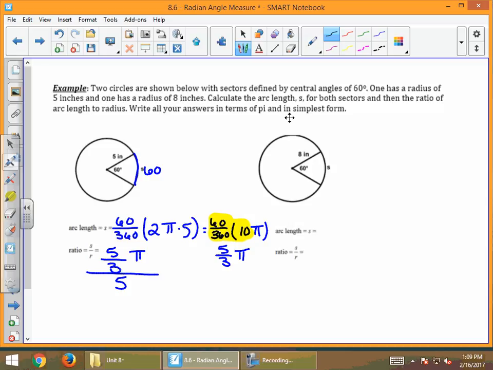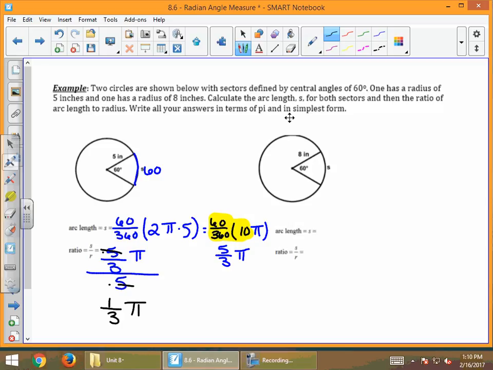Or you take the top number and the very bottom number, and simplify them. So what is 5 over 5 simplify down to? 1. So they cancel, and it just becomes 1/3 pi on the top. So if you take the length, it's going to be inches. You take the length of the arc over the radius, simplify it down, you get 1/3 pi.